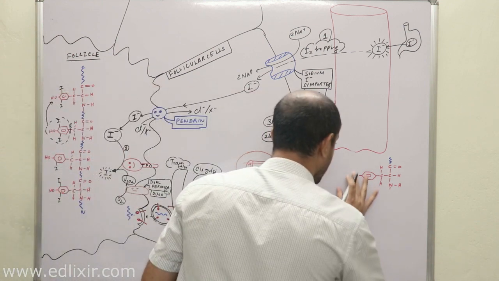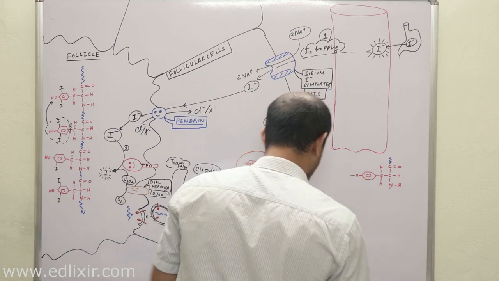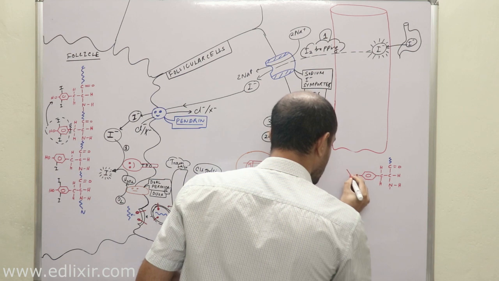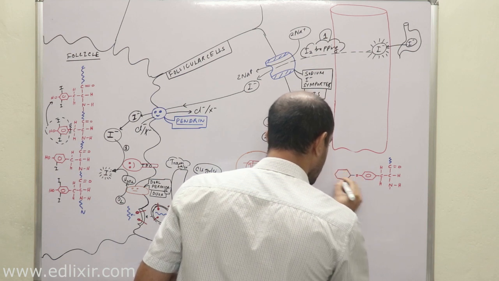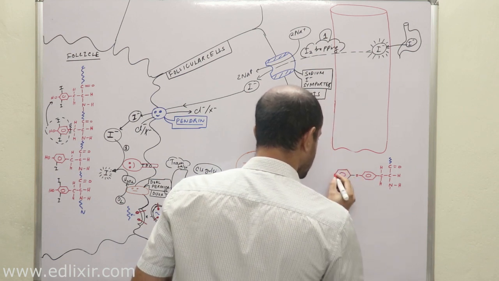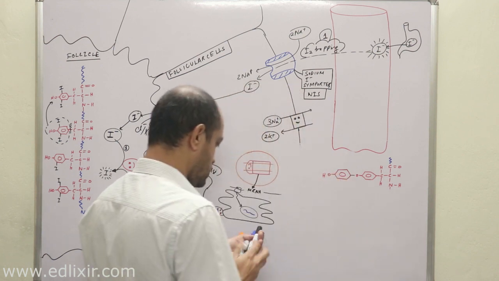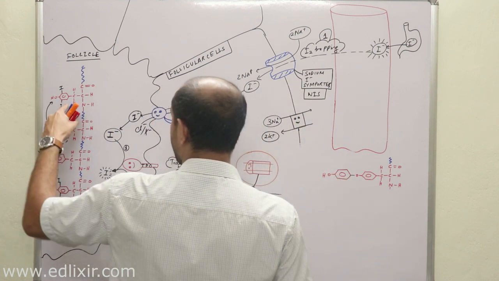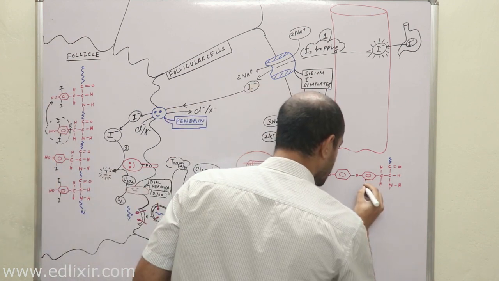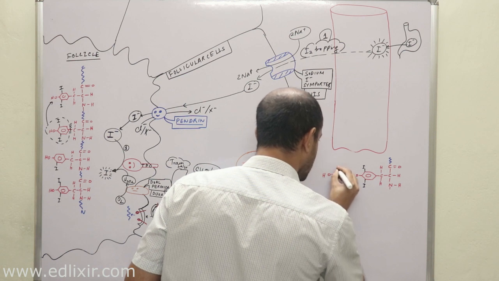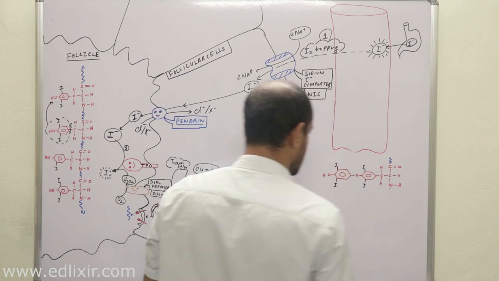So this is the newly formed bond and this is the old one. Clear? There are iodines in the third and fifth position, and here also there are iodines in the third and fifth position. Clear?